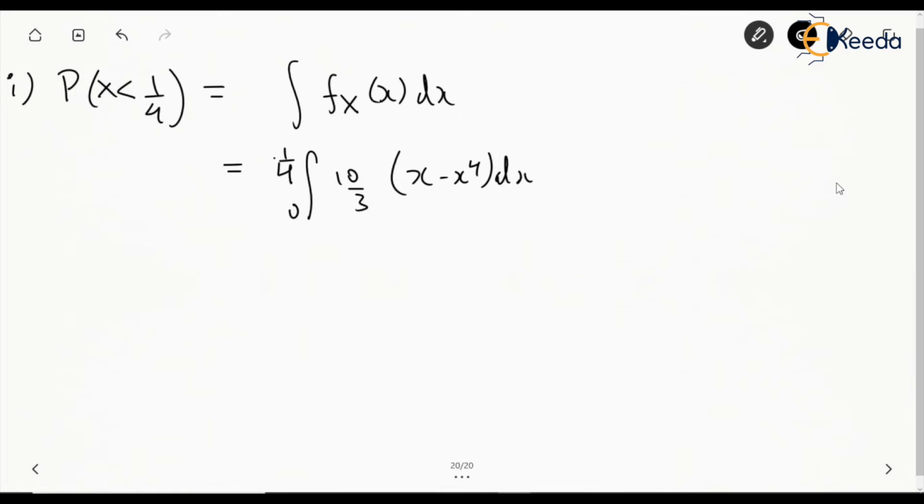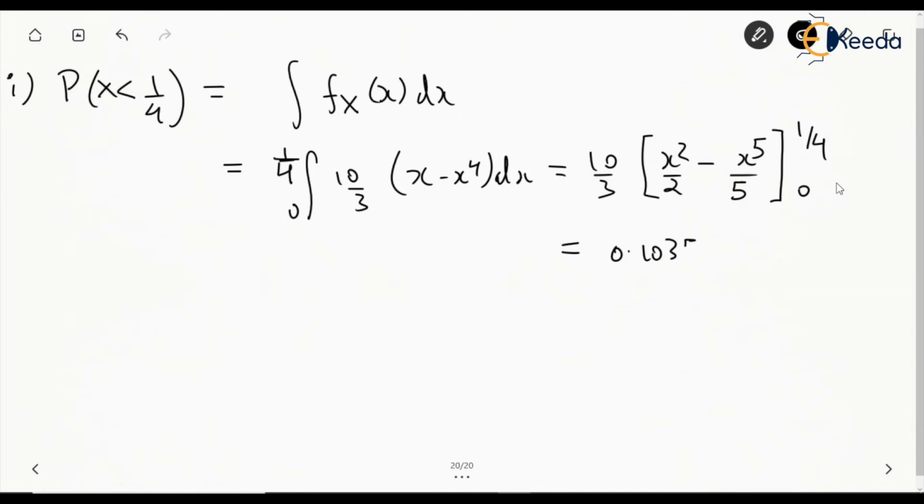It becomes 10 by 3 times (x square by 2 minus x to the power 5 by 5), with limits 0 to 1 by 4, and this value will be 0.1035. We're not solving it in detail, we know this. And of course, this is just one step we have already mentioned.